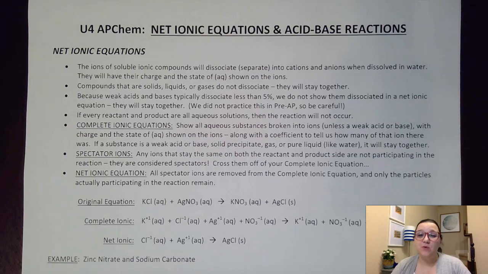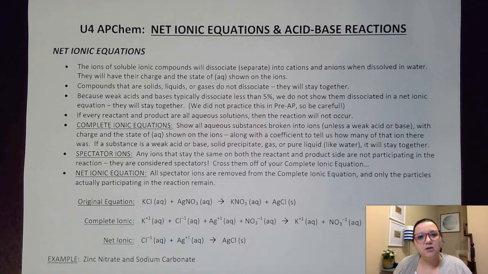Now hopefully we remember back from Unit 3 that we have certain substances that will dissolve and separate into ions. We say that they dissociate into cations and anions when they're dissolved in water. And so what happens is that sometimes those ions remain exactly the same from the reactant side to the product side. They don't undergo any kind of major change throughout the process.